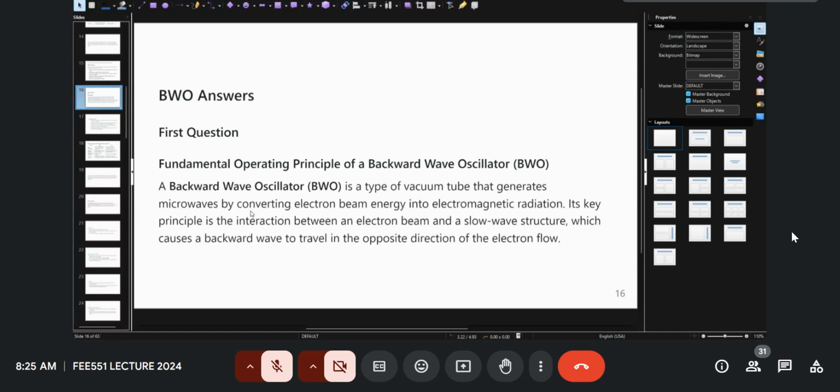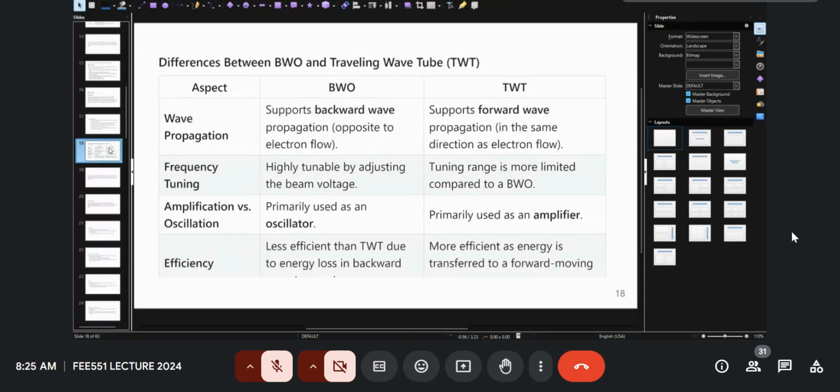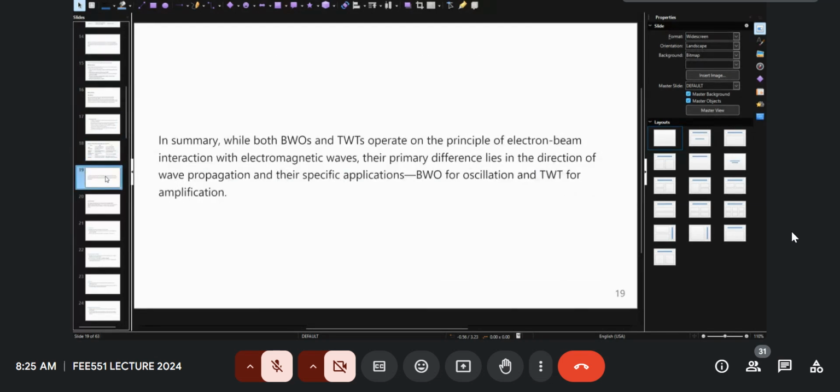The principle is the interaction between the electron beam passing from the cathode to the collector and the slow wave structure, which causes the backward wave to travel in the opposite direction. The operating principle and the differences we talked about already; you can review them in your own time.